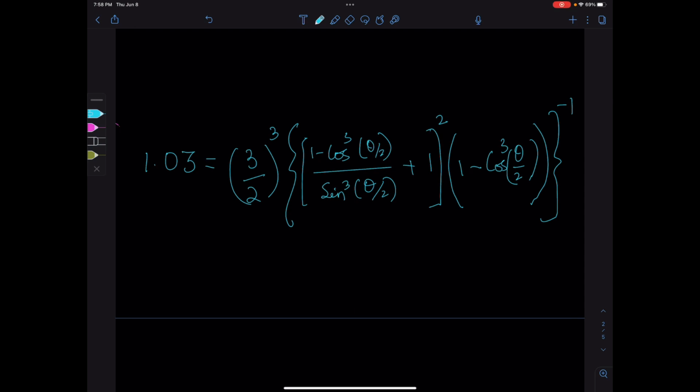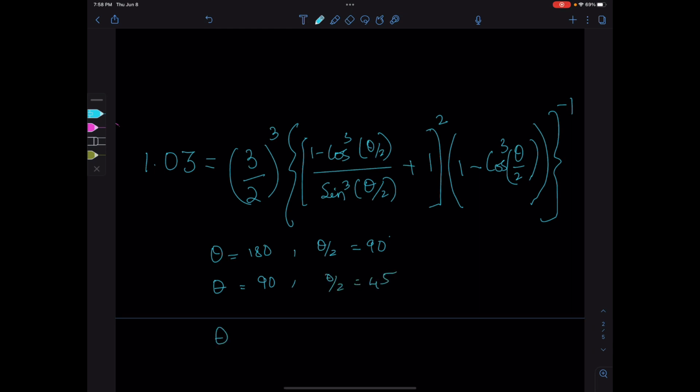So substituting Vc over Va, the ratio of the specific volumes, in this equation, plugging in theta equals 180, then theta by 2 is 90 degrees, and plugging in various values of theta, like theta is equal to 90, then theta by 2 is equal to 45.